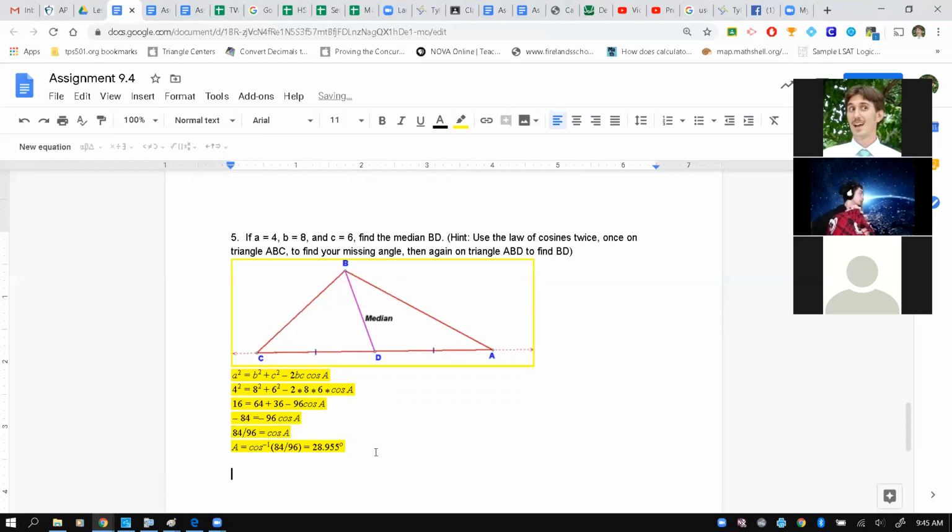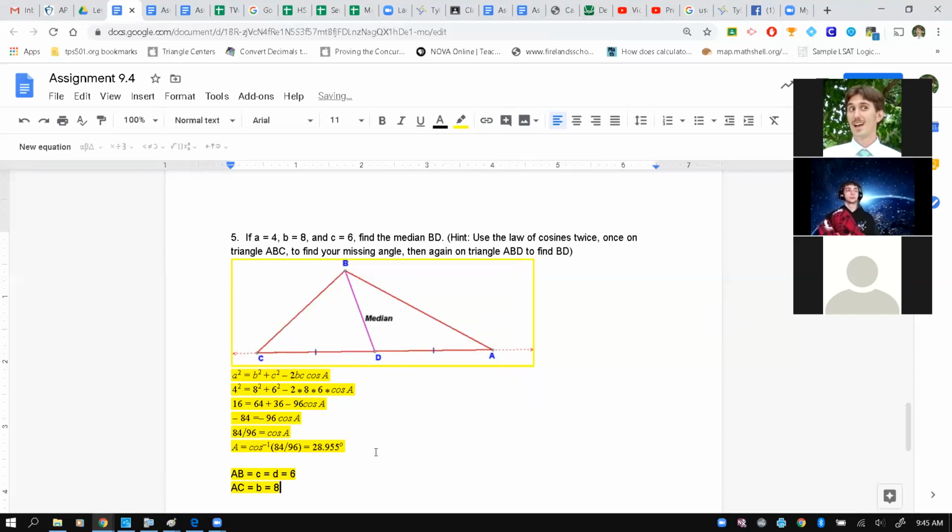So again, AB is the same thing as side C, which is the same thing as side D in our little triangle, which is 6. We know AC, which is the same as side B, which is 8.